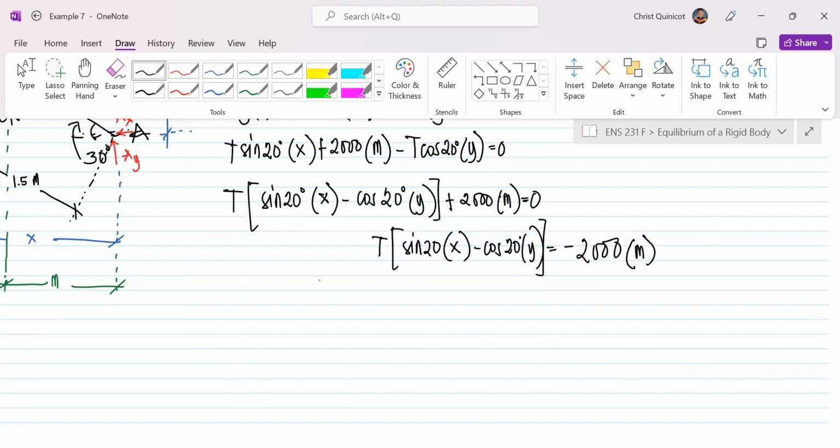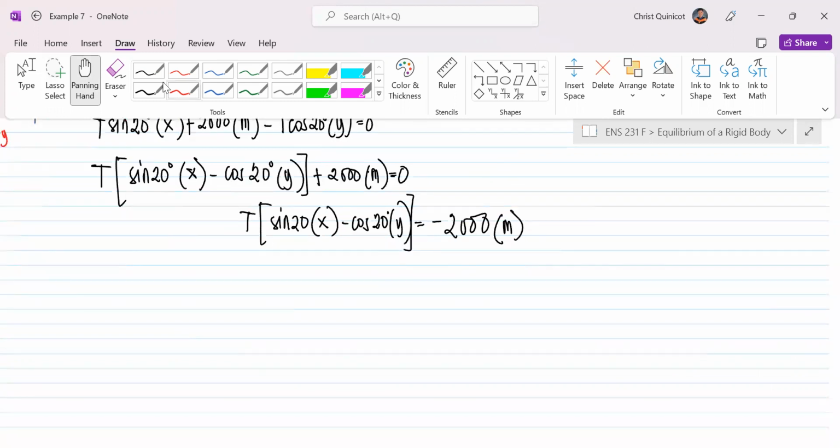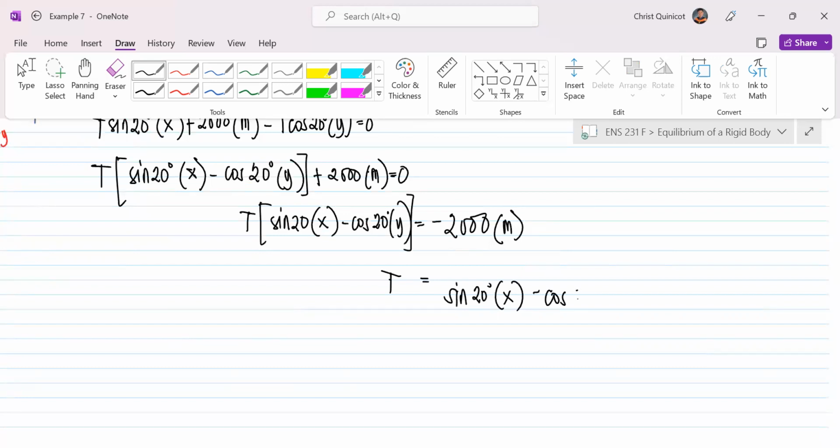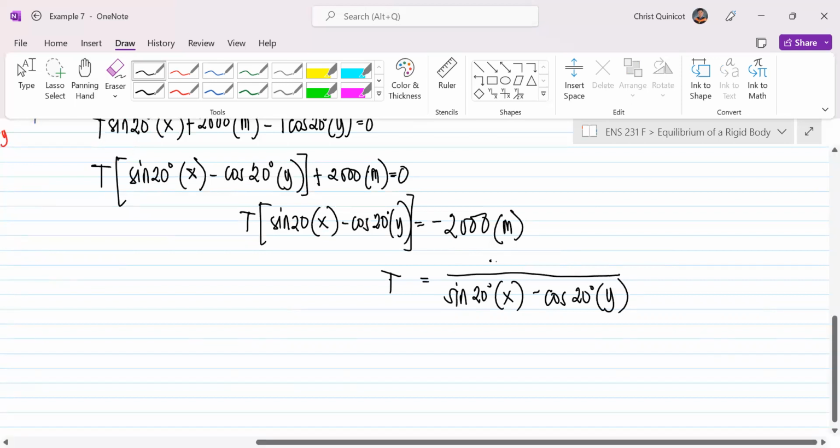Let us divide both sides by what is provided in our bracket. So T is equal to, I will do first the denominator because it's quite long. That's sine 20 degrees times X minus cosine 20 degrees times Y, and then our numerator is negative 2000 times M.